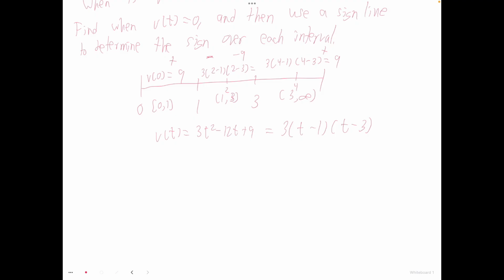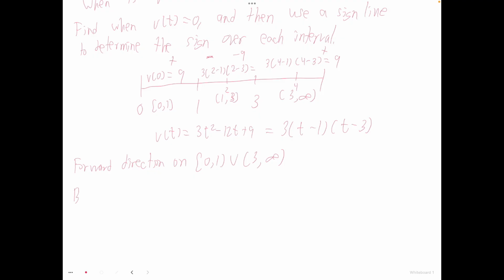And so what this then tells us is that we are moving in the forward direction on all the intervals where we had a positive velocity, which would be 0 to 1, union 3 to infinity. And I didn't say this before, but we start at 0 because time starts at 0. You can't have negative time, negative seconds. So we just assume that time starts at 0.